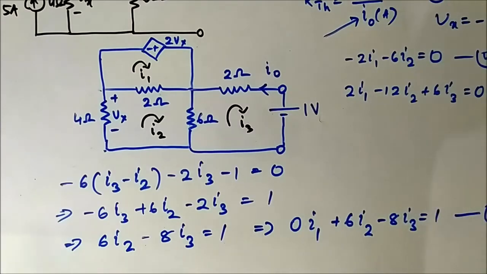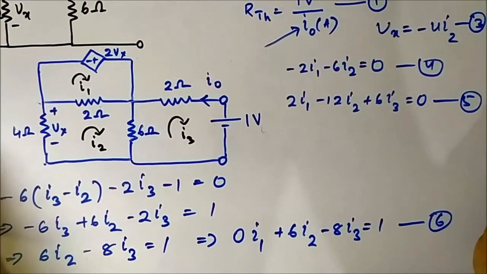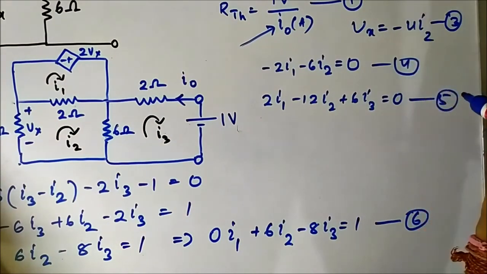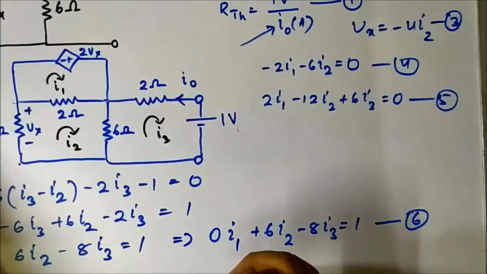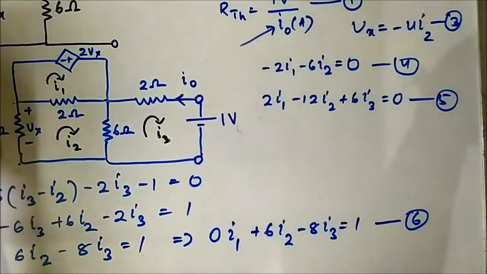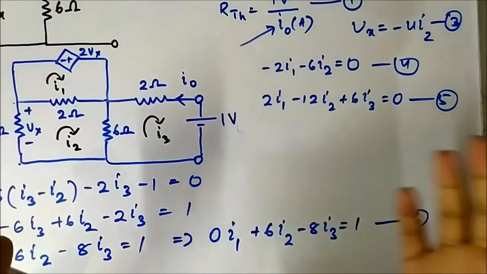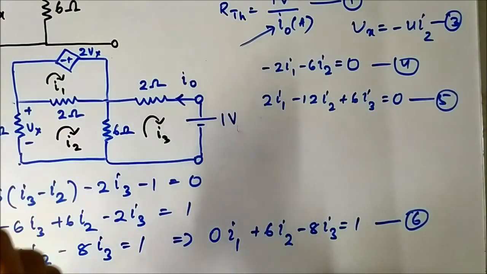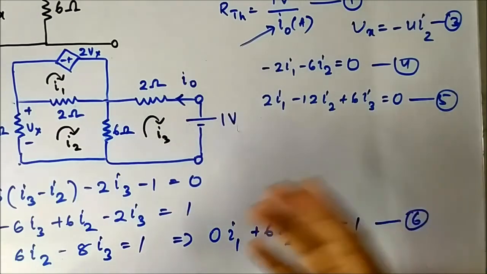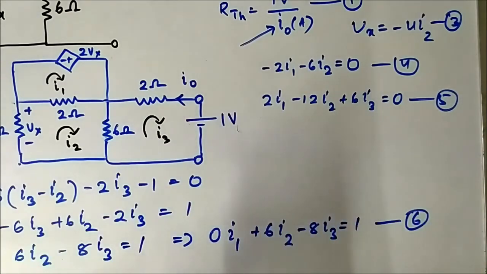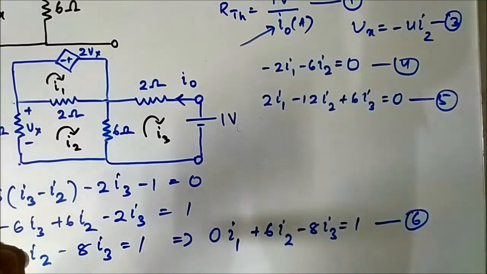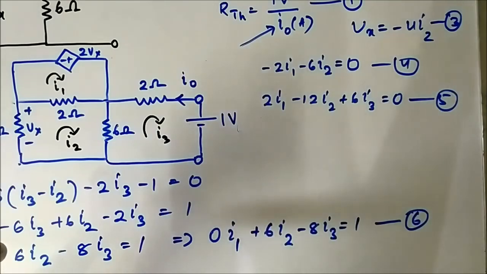Now we have to solve equations number 4, 5 and 6. We can use whatever way. Cramer's rule we can use, but that will be a lengthy method. If in your college scientific calculators are allowed, you can go to the 3 equation mode, put in the values of these coefficients and get the results.